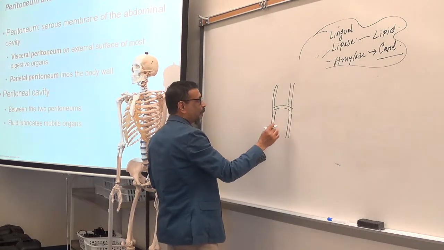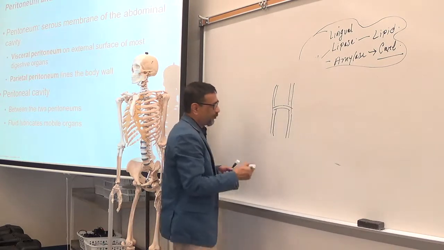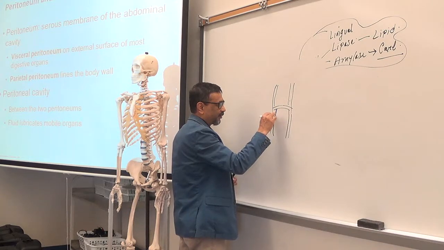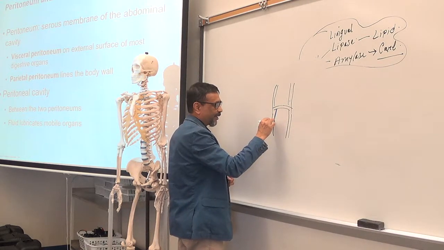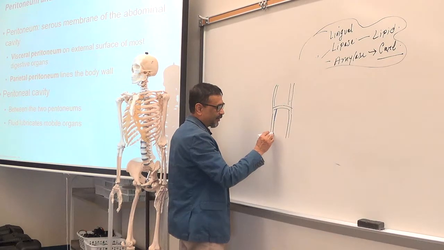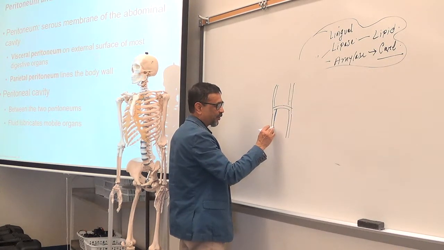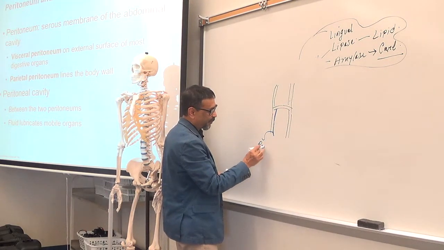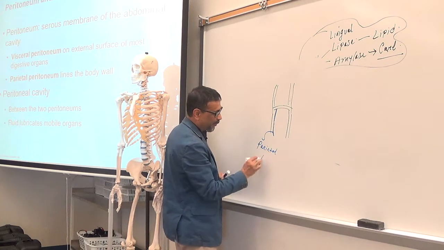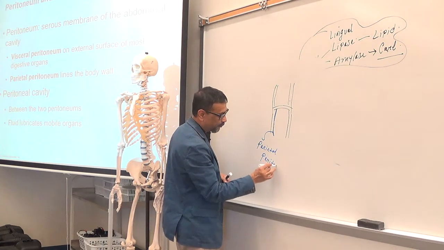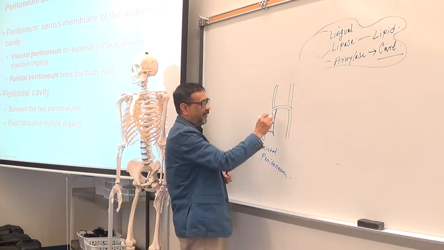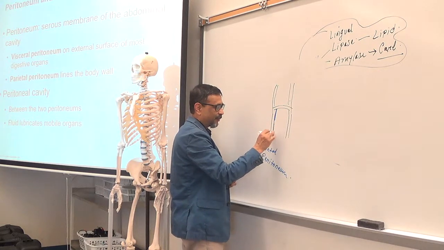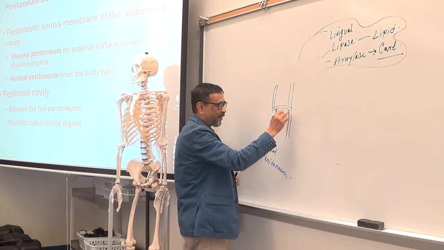Okay. And the inner surface of the abdominal cavity has a membrane that is called the parietal layer of the peritoneum. Parietal peritoneum. And then what happens, you see, this one is attached to the wall of the abdominal cavity, also here.